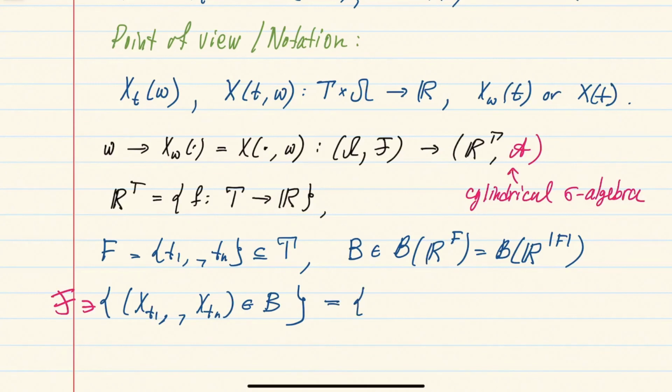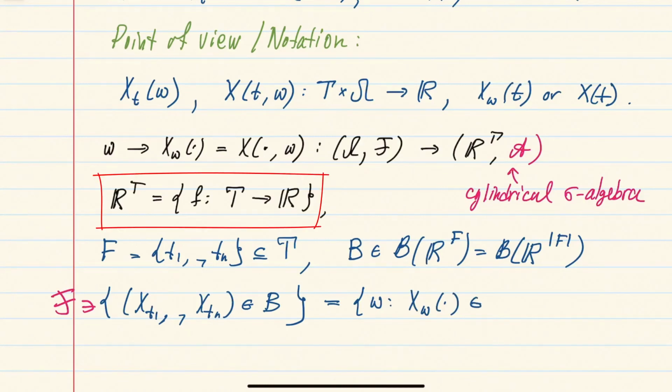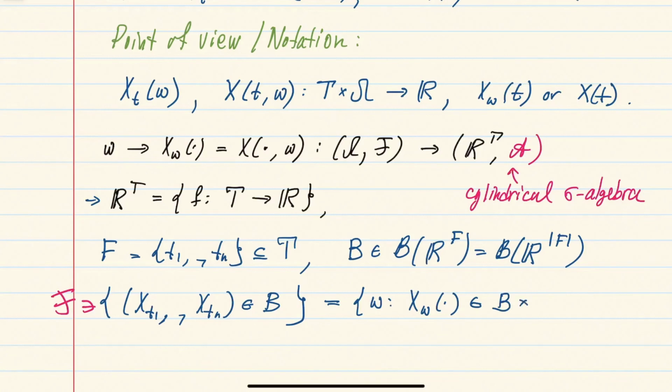So you can say these are all omega such that X(omega) as a function of t belongs to the following subset of the space of functions R^T: it belongs to B times R^(T minus F). In other words, you do not put any constraint on the values of X_t when t is not in the set F, and when it's in the set F, you force it to be in the set B. These types of sets were called cylinders, and these sets form the cylindrical algebra.